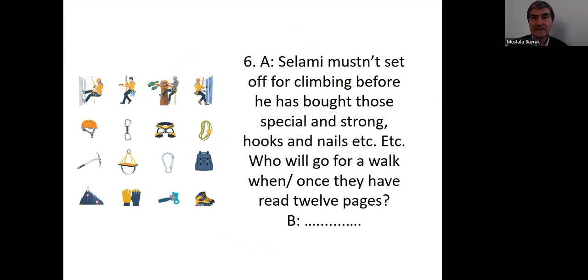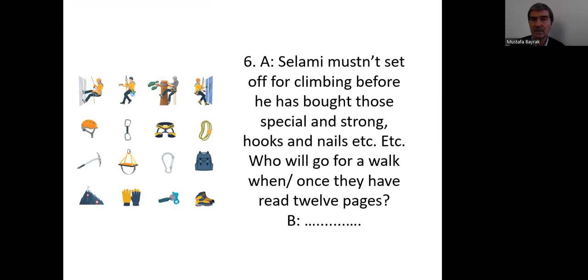Okay, dialogue 6. Selami mustn't set up for climbing. Yes, set up for doing something. Selami mustn't set up for climbing before he has bought those special and strong hooks and nails, etc. Who will go for a walk when they have read 12 pages?